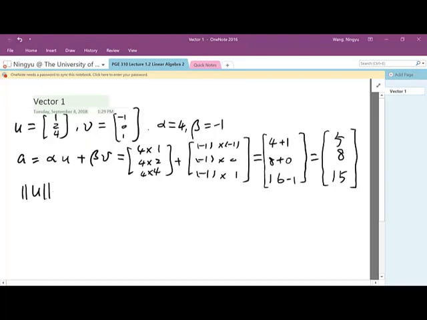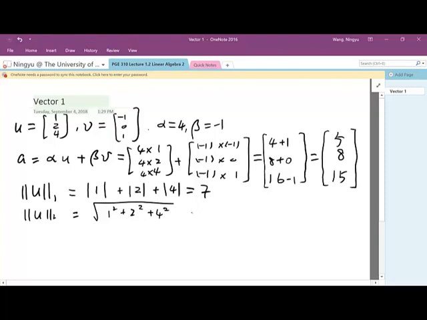We also defined some norms for vectors, where the L1 norm is the summation of the absolute value of every element inside the vector. The L2 norm is the square root of the squares of everything summed up.